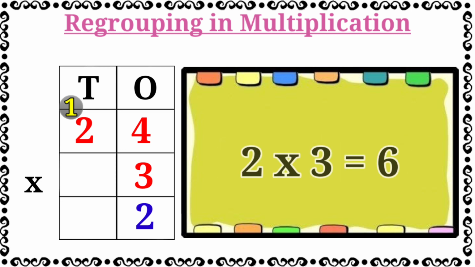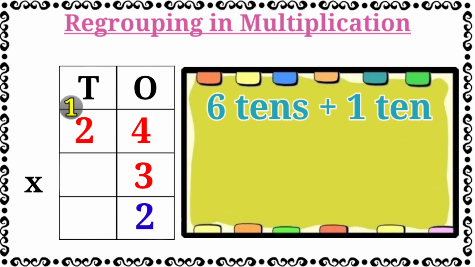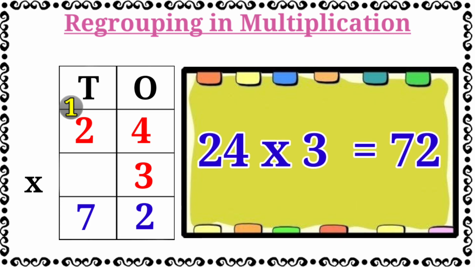We know that 2 into 3 equals 6. Let's add the tens. 6 tens plus 1 ten is equal to 7 tens. Let's write the number 7 in the tens column. Therefore, the answer is 24 into 3 equals 72.